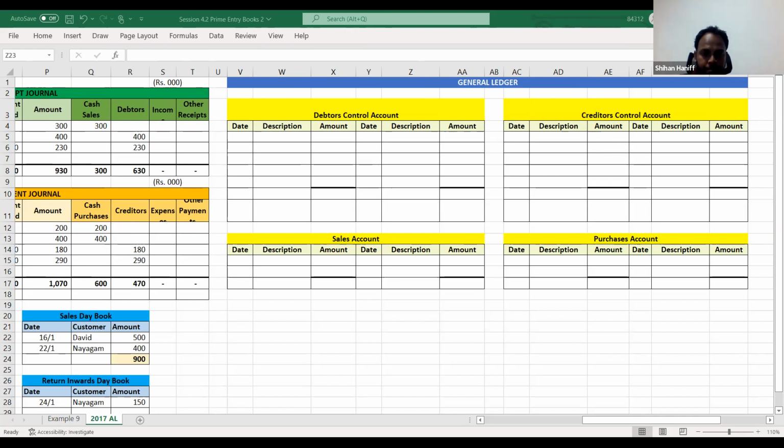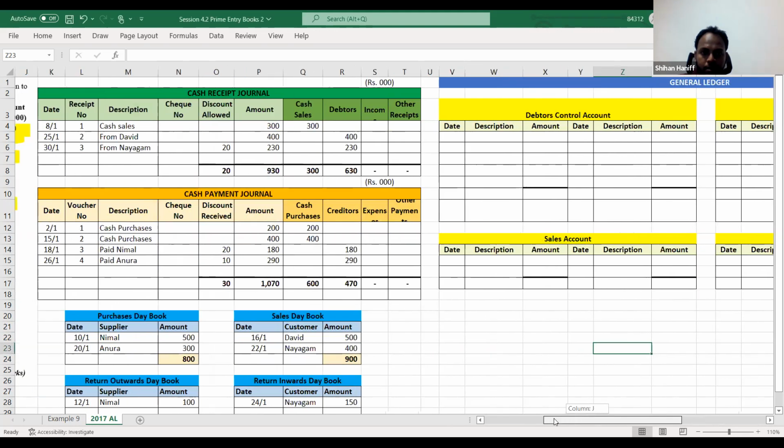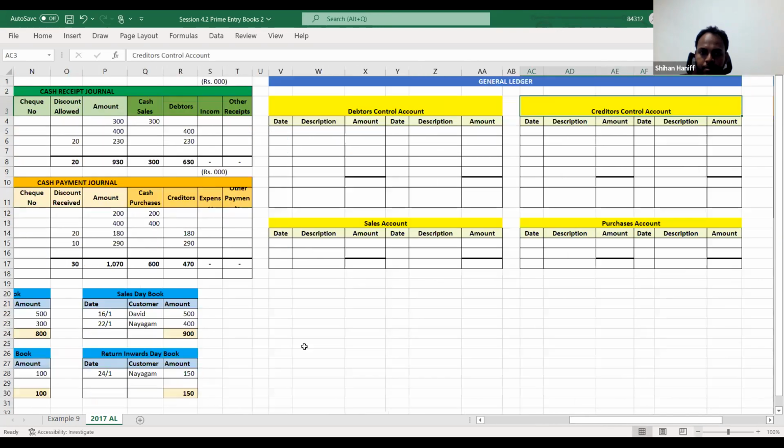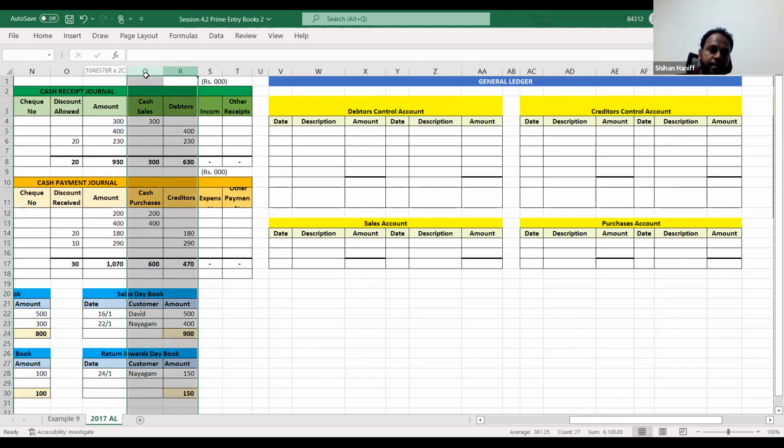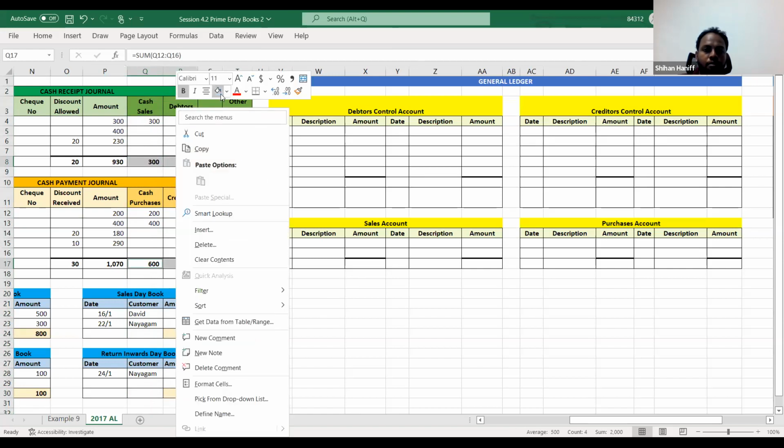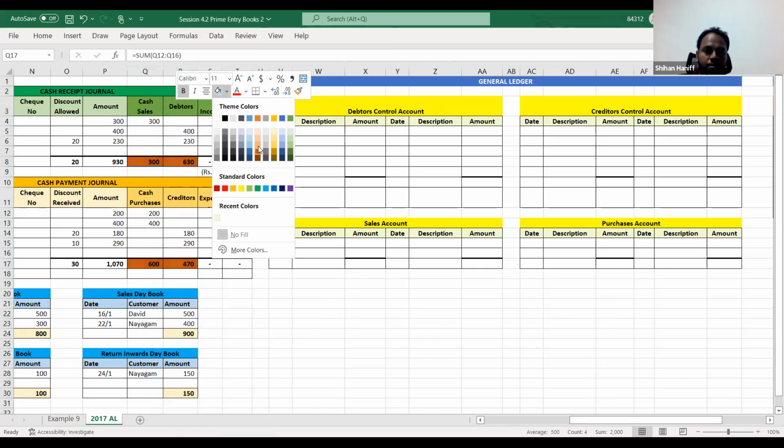Okay. Now let's record the transactions in the ledger accounts. So remember, these debtors, cash sales, creditors, cash purchases, you can record the total amount, the bulk amount.